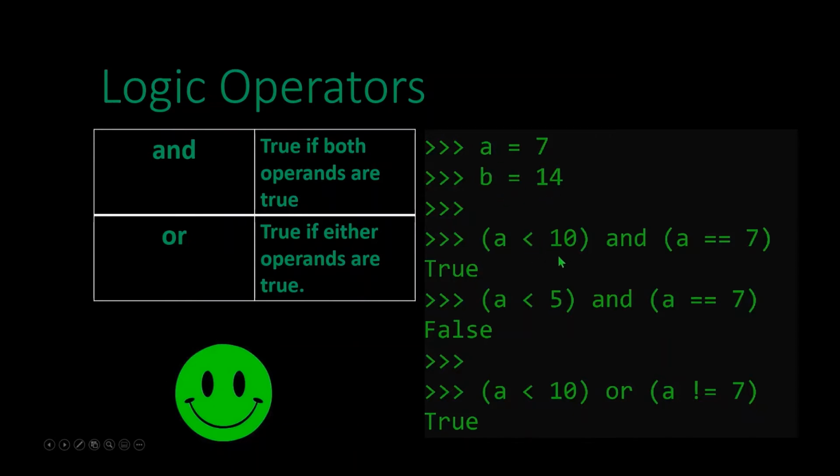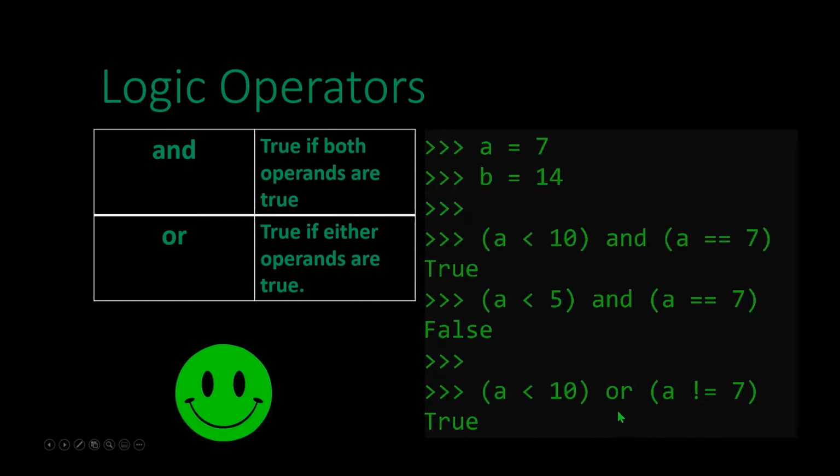Let's say we have a condition: a is less than 10 and a is equivalent to 7. Well, look, a is less than 10 and it's equivalent to 7, so that becomes true. We have another one, a is less than 5 and a is equivalent to 7. That returns false.